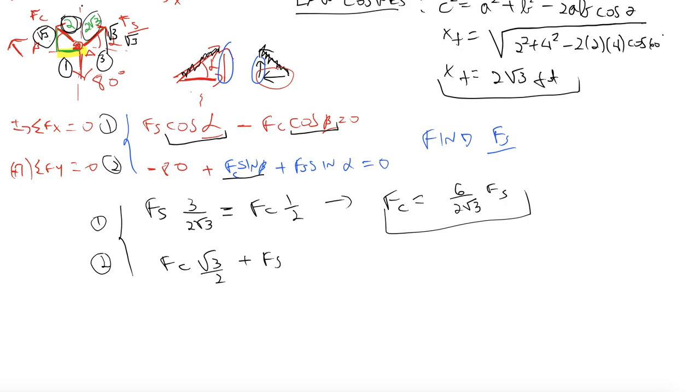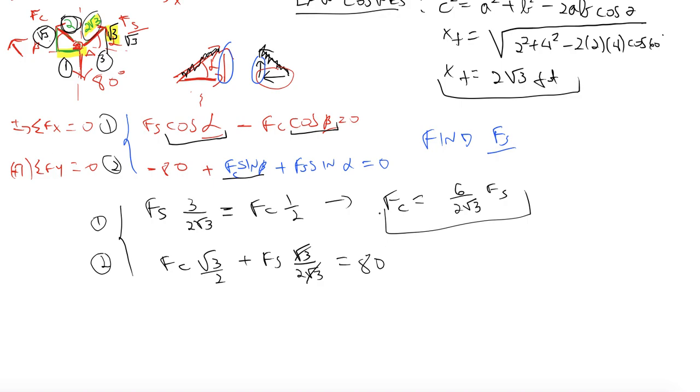Sine alpha is just opposite over hypotenuse, so square root of 3 over 2 square root of 3. These are going to cancel. I'm going to cancel them already, and just double check my work. Yep, that makes sense. Let me highlight it so you see. Square root of 3, 2 square root of 3. Awesome stuff. Equals 80. I'm going to move the 80 to the other side.